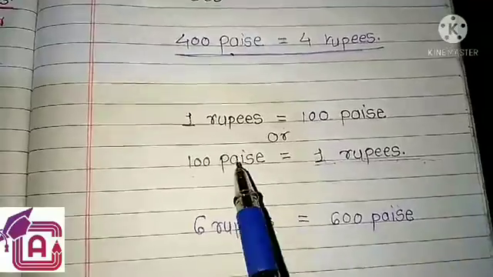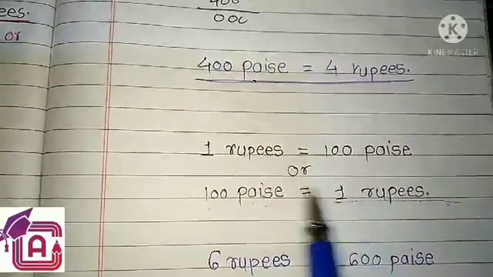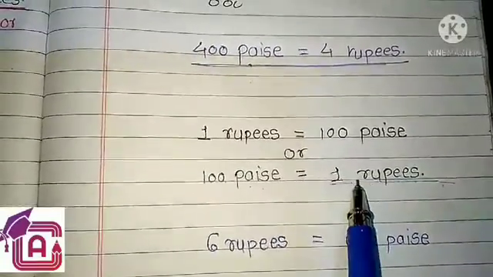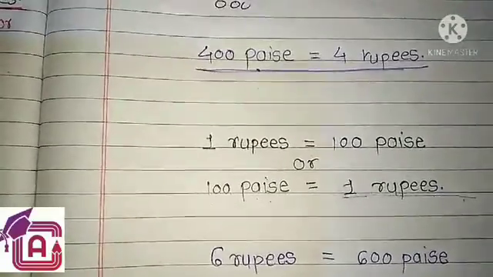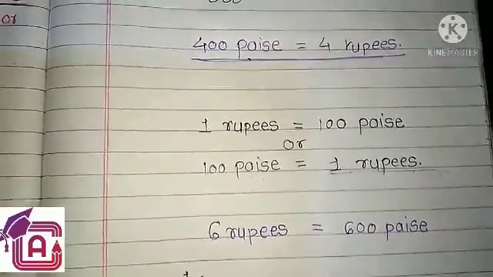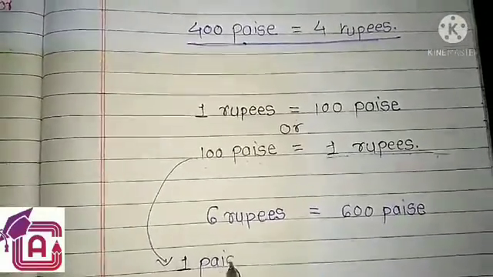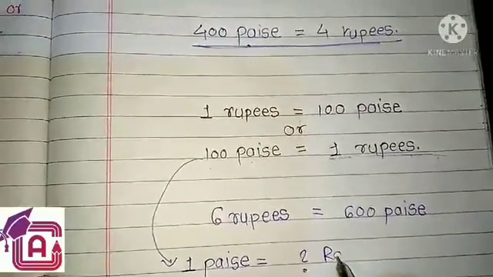If I am taking one part, 1 paise, from these 100 parts, it is equal to how many rupees?